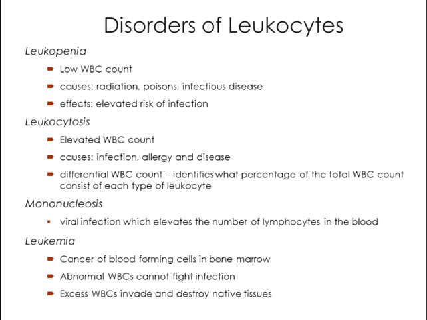Monkeys is monocytes. That's the third most abundant. Eat is eosinophils. That's the fourth most abundant. And then bananas is basophils. That is the fifth most abundant, or the least abundant type of white blood cell. So never let monkeys eat bananas is a way to put those in order, and to remember which ones are typically higher and lower.